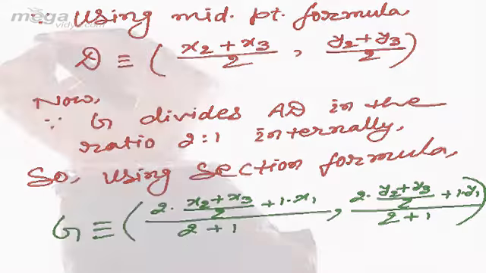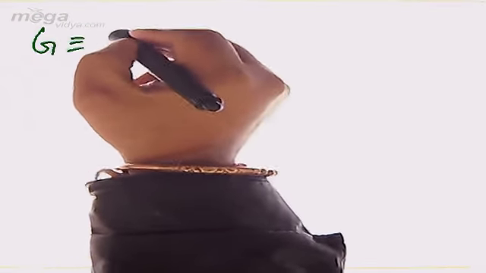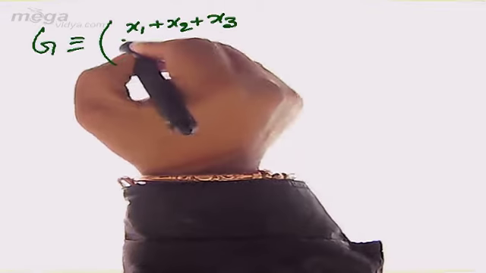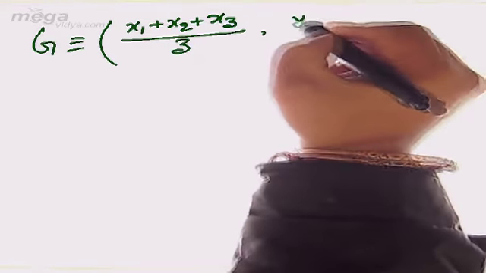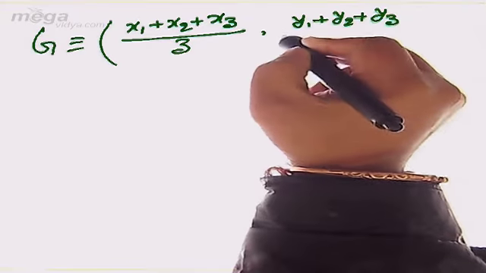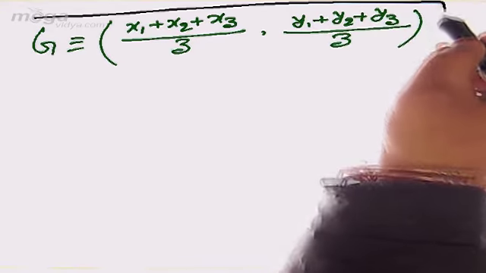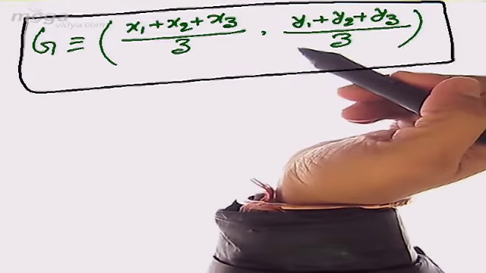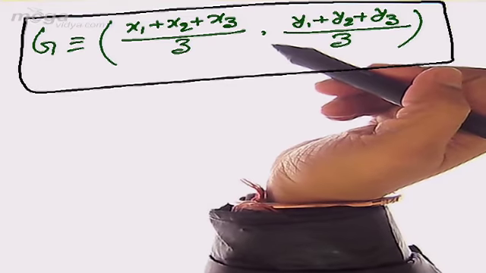After simplification, we get the coordinate of G as ((x1 + x2 + x3)/3, (y1 + y2 + y3)/3). So student, this is the coordinate of the centroid of a triangle ABC.